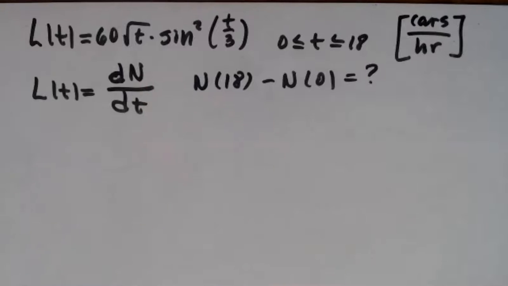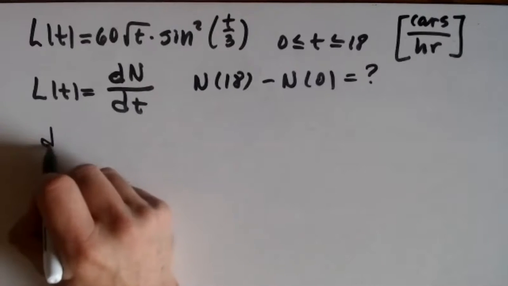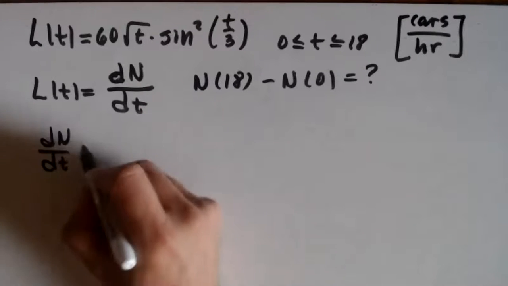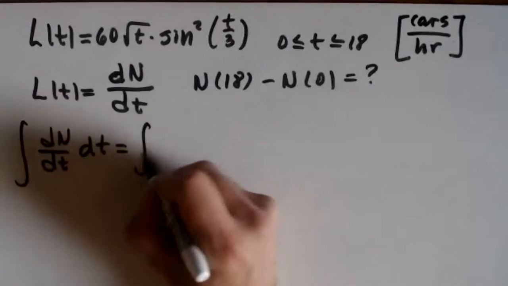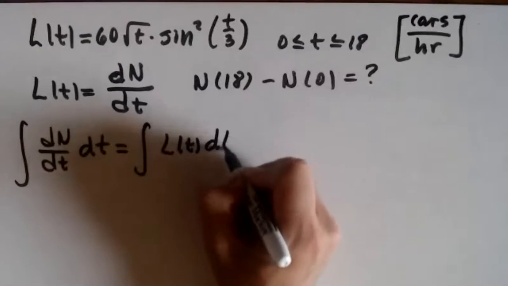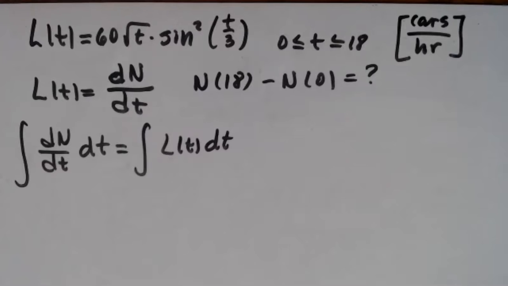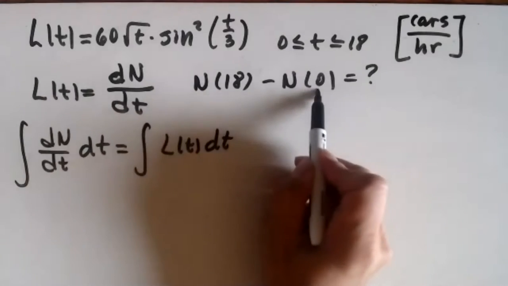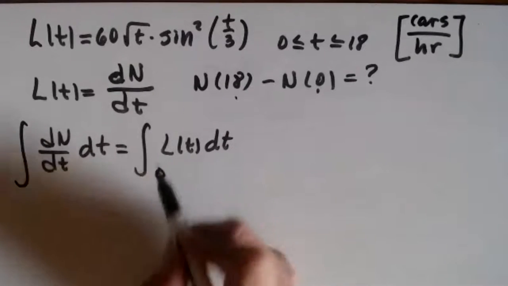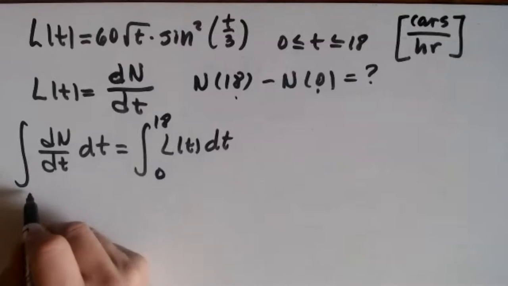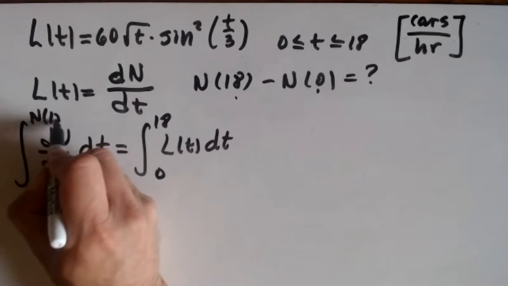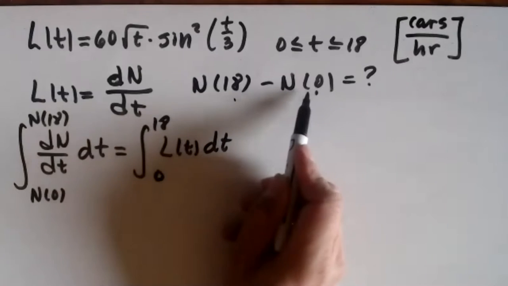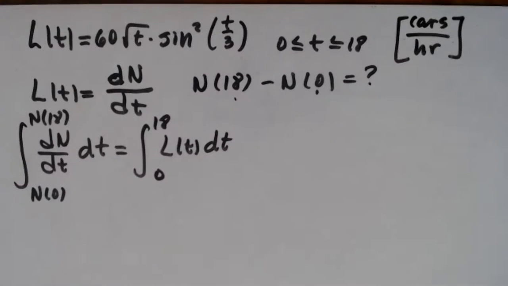Okay, how do you find the N? Again, same as before. You cancel the derivative using the integral. So I'm going to integrate L of t with respect to time, from 0 to 18, and this is going to be from N of 0 to N of 18. You see, N of 0 and N of 18 right here in this derivative.